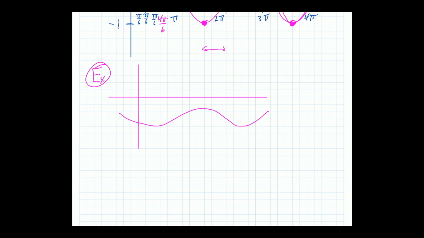So they give us a couple of points here. They tell us that this point is pi over 2, comma, negative 1.5. They tell me this point is 9 pi over 2, comma, negative 1.5, same y value.